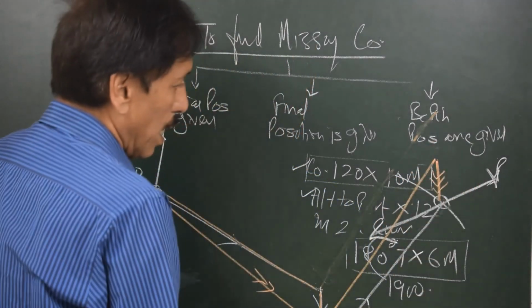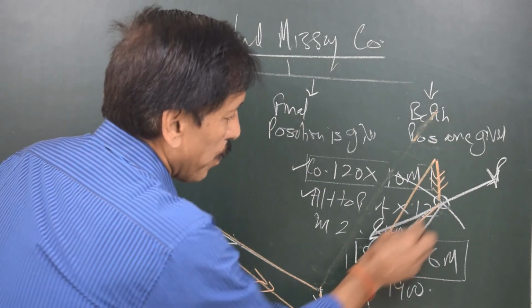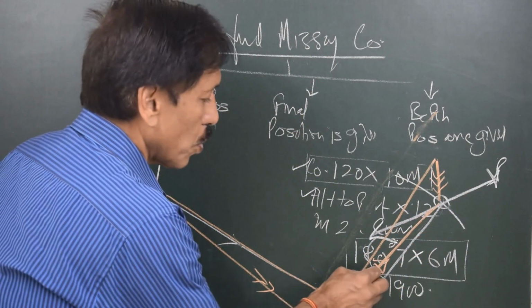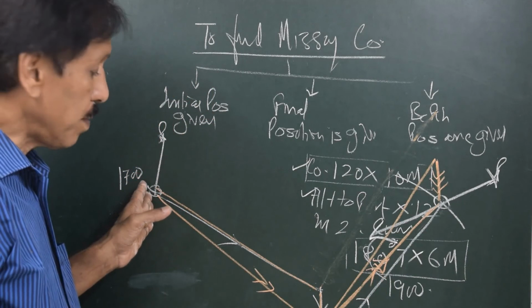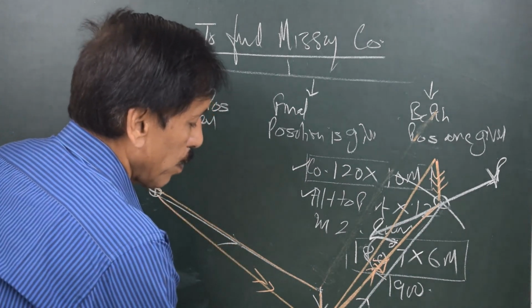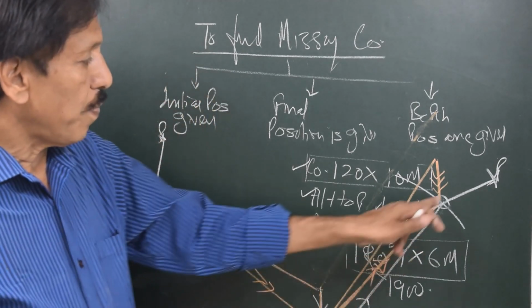So this is how the ship actually traveled in these 2 hours. Okay, so any intermediate position also can be found out. Like the ship was here at 1700, the ship was here at 1800, estimated position 1800, and the ship was here at 1900.